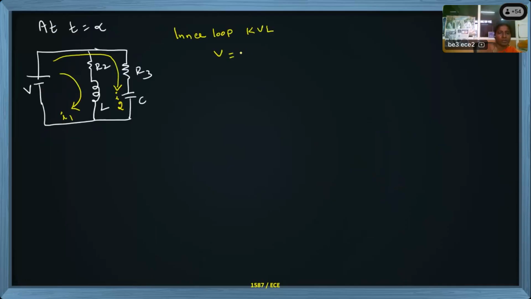Supply voltage equals R2 into I1 plus L into di1 by dt. This is equation 1. When you make di1 by dt the subject, it becomes V by L minus R2 by L into I1.